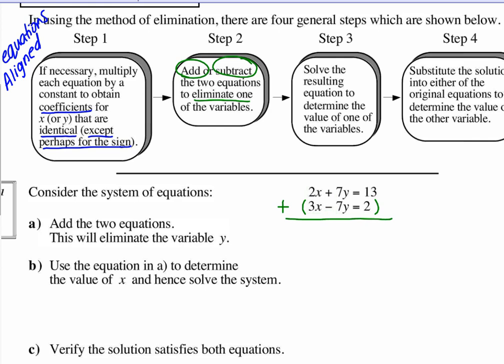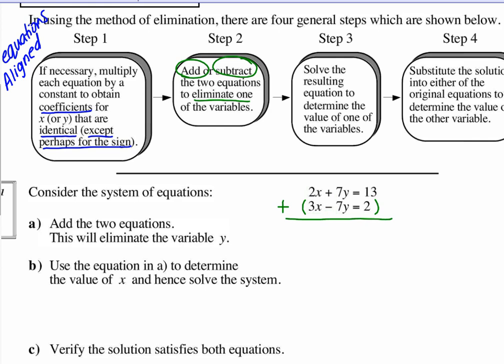If I would have subtracted, what happens if you subtract a negative? 7 minus -7 turns into 14, because subtracting a negative turns into plus. That's why it's not subtraction in this case. So only if the signs are the same do we subtract.